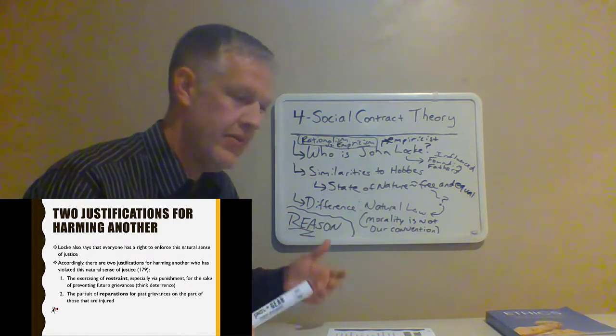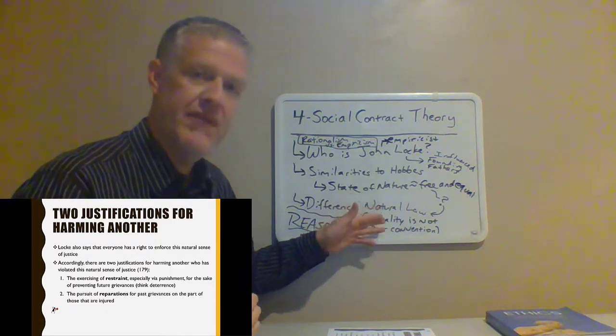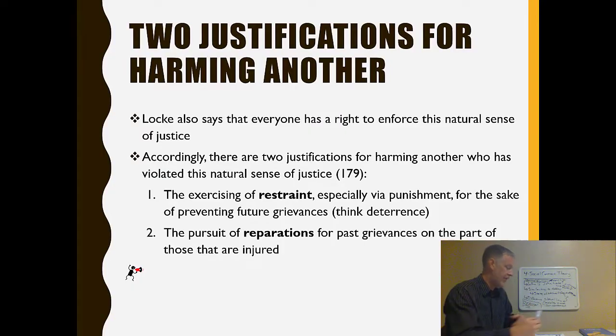So he says, look, if this natural law is violated, there's two justifications for then harming someone. We have the idea of restraint, restraining them, not allowing them to continue to do what they're doing that's harmful. And then also maybe punishing them for the sake of deterrence, so that they won't continue to do it. And then also you can punish or harm them for the sake of reparations, getting something back. If they stole something from you, we might take 10 of their bananas as a form of reparation and making things equal again, so to speak.